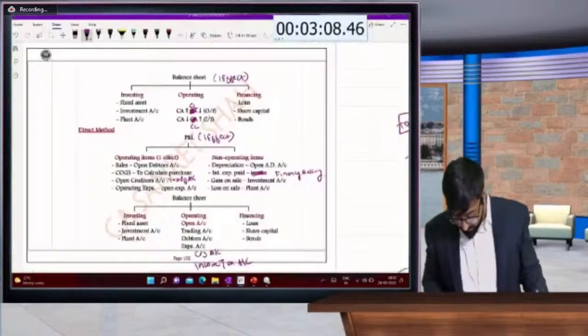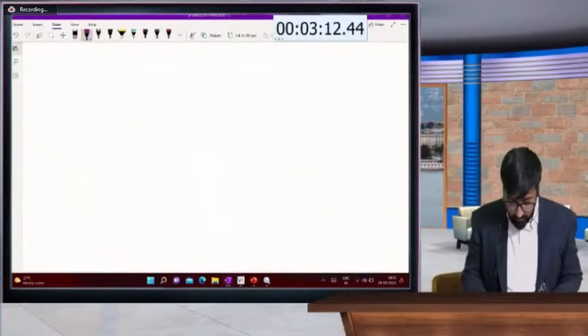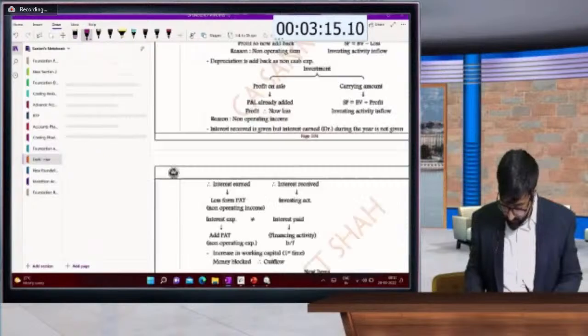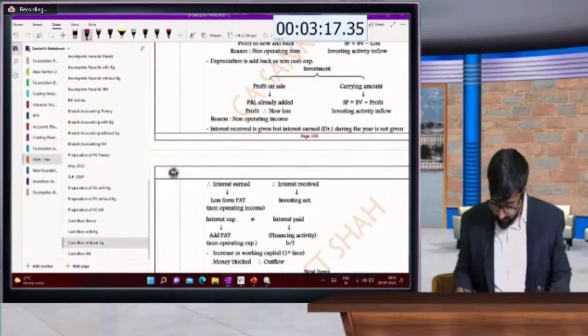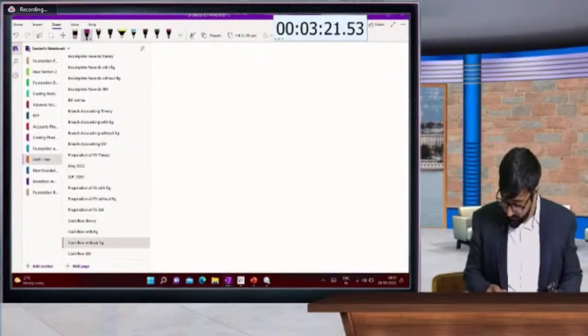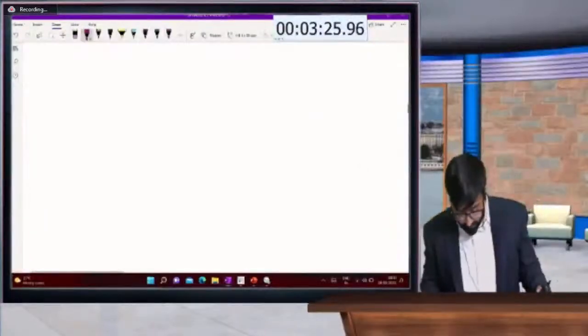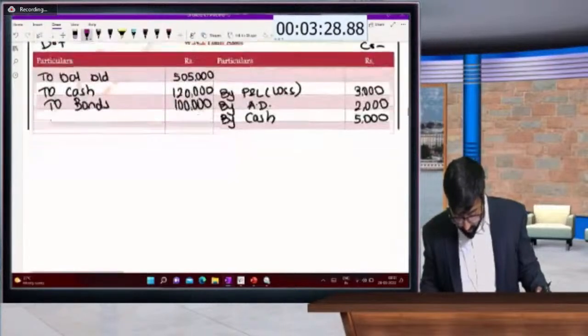Okay, so we are starting. Write down. Cash flow statement. ILU 7. Cash flow statement. So 3 minutes for explanation.